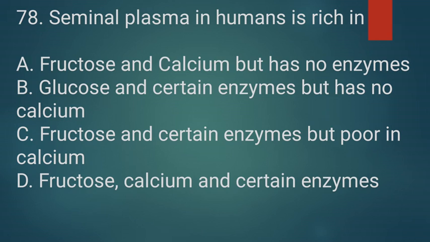Options are option A, fructose and calcium but has no enzymes, option B, glucose and certain enzymes but has no calcium, option C, fructose and certain enzymes but poor in calcium. Option D, fructose, calcium, and certain enzymes.